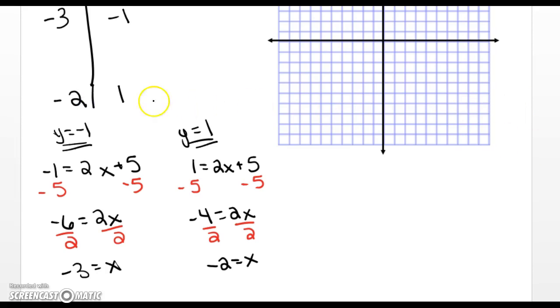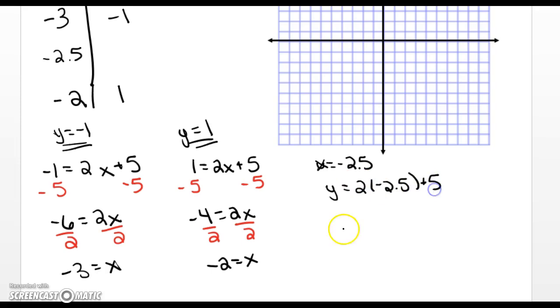So the next thing that we need to do is I'm going to choose at least one more value for my table values just to make sure that my graph creates a nice straight line. So I might want to go with a point that is in between -2 and -3. So I might go with -2.5. So here I'm going to set x is equal to -2.5 and solve for y. So here y is equal to 2 times -2.5 plus 5.